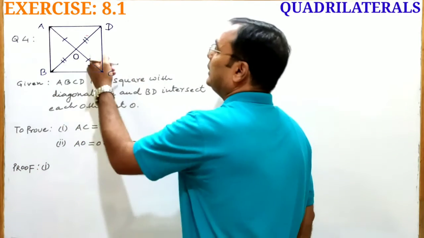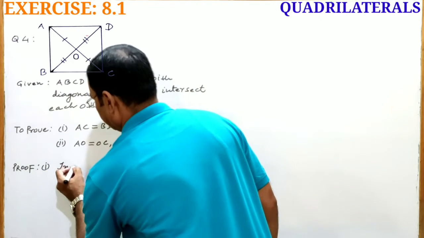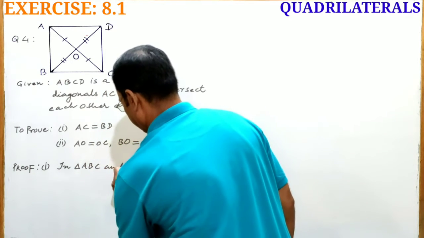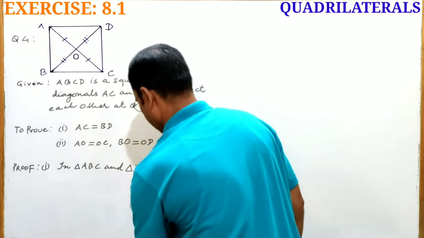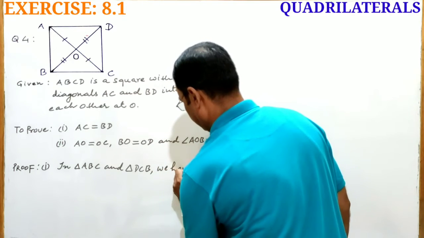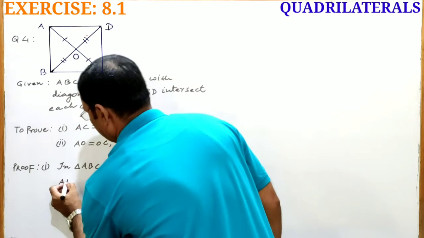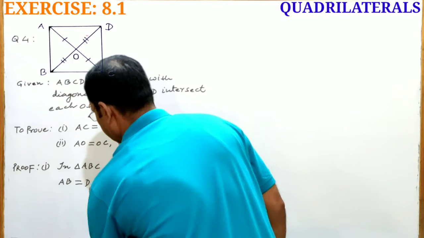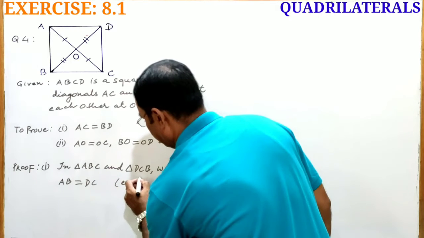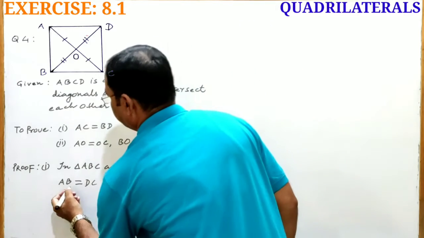First part. In triangle ABC and triangle DCB, we have AB equal to DC, equal sides of square, or sides of square are equal.